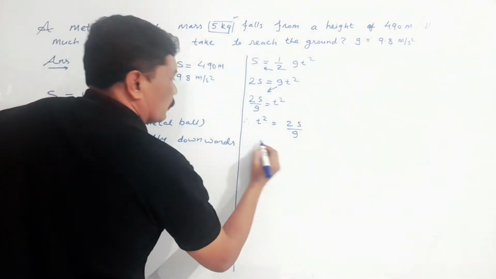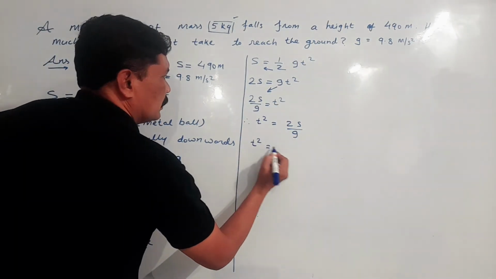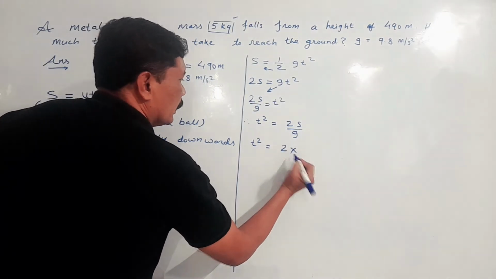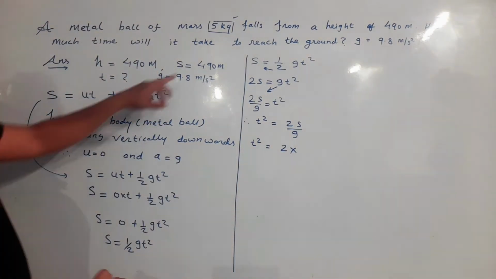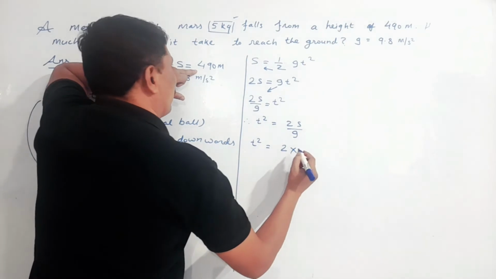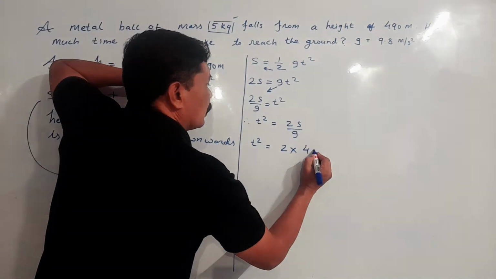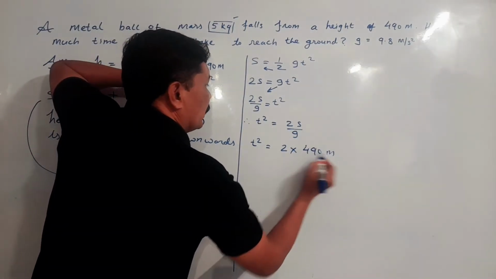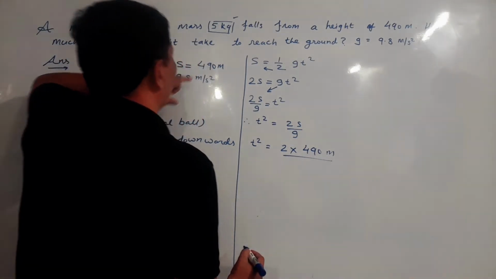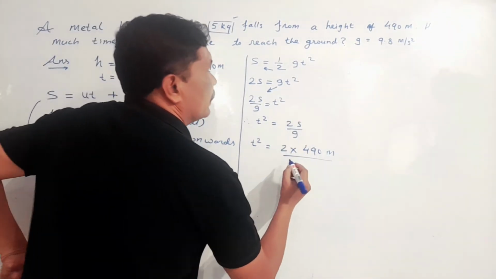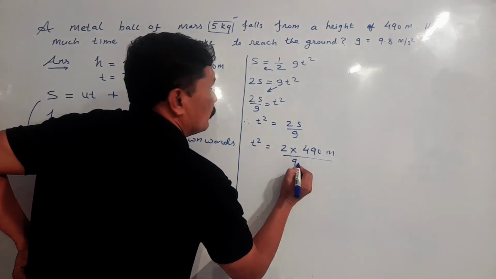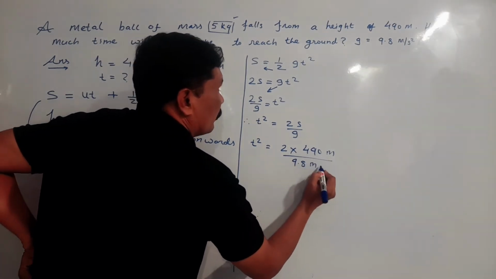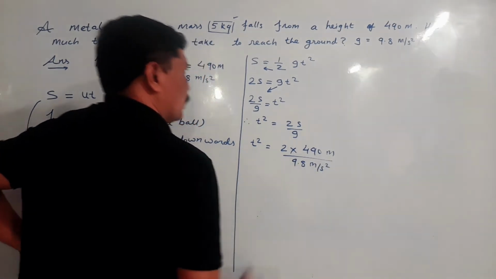Let's put the value. T square is equal to 2 into the distance travelled by the body is 490 meter upon acceleration due to gravity is 9.8 meter per second square.